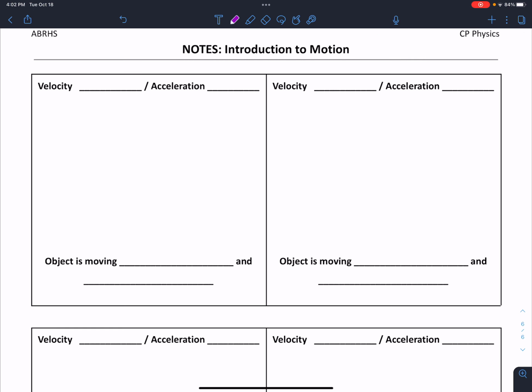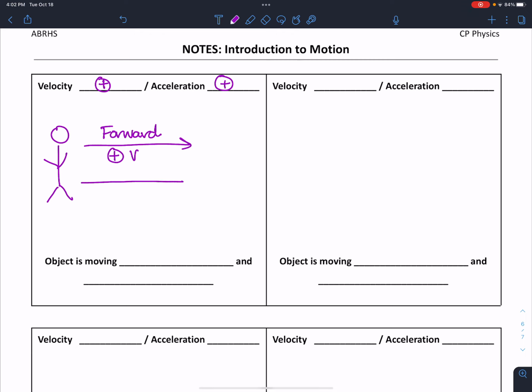So let's look at each of these situations. We're going to start where we have a positive velocity value and a positive acceleration value. So here's my person. The positive velocity value tells me that that person is moving forward, because remember, the sign of our velocity value tells us that direction.